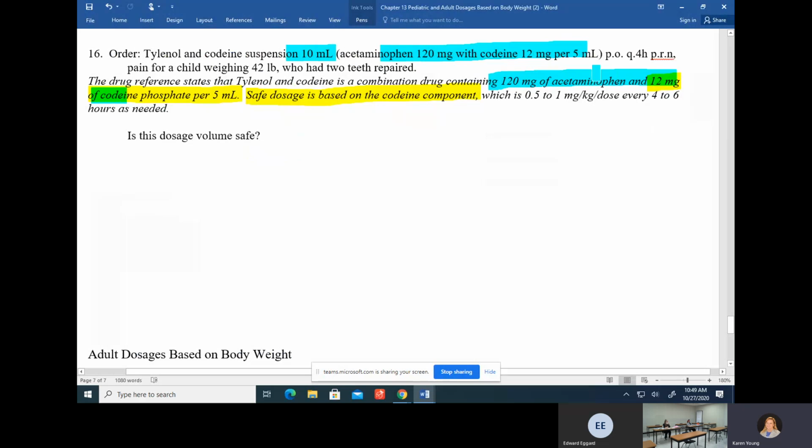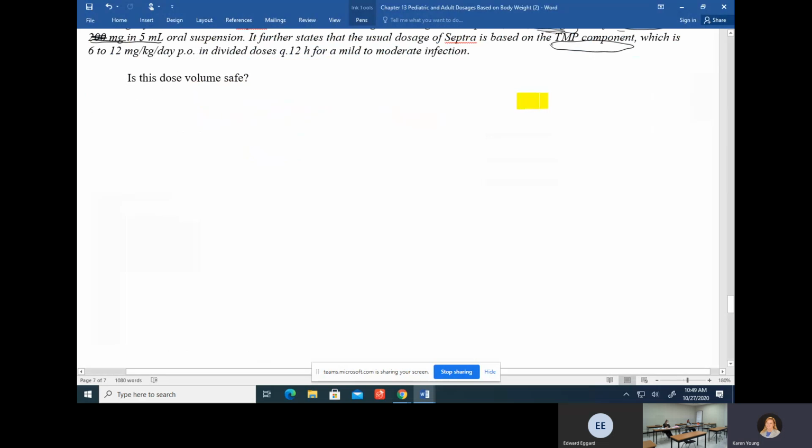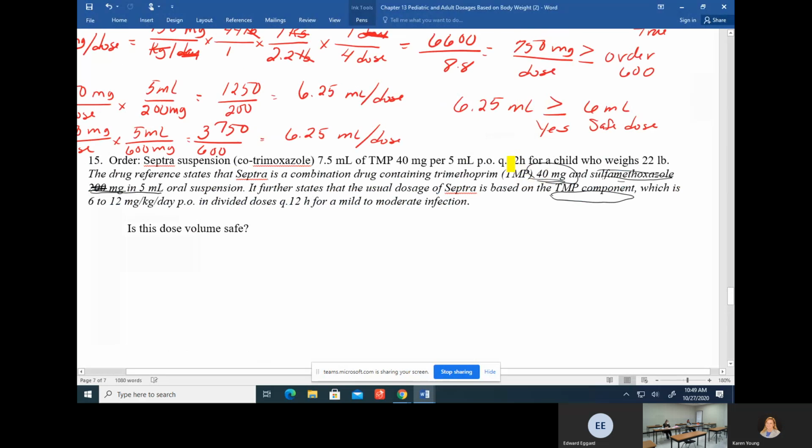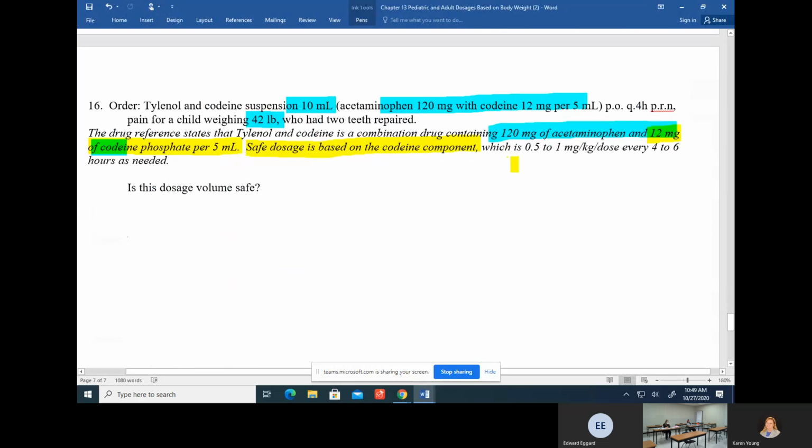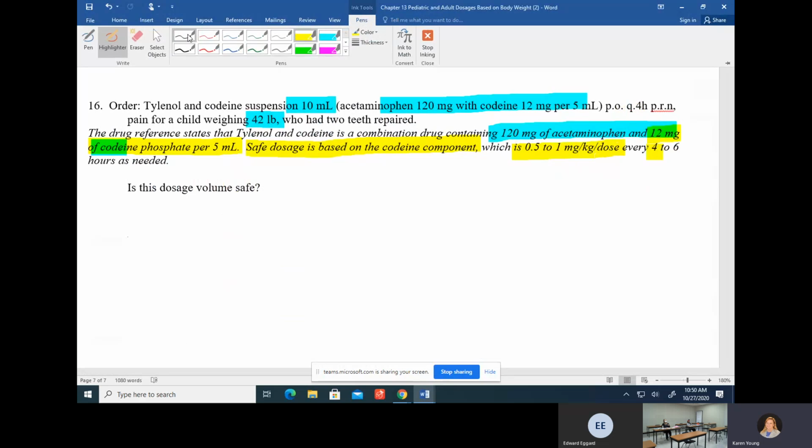And I have to have my child's weight of 42 pounds. Then in my drug reference, it's based on the codeine, so my safe dosage is 0.5 to 1 milligram per kilogram per dose, every 4 to 6 hours as needed. The doctor ordered it every 4 hours, which we don't have to worry about, right? Because it's per dose. If it was per day, then I'd have to worry about it.